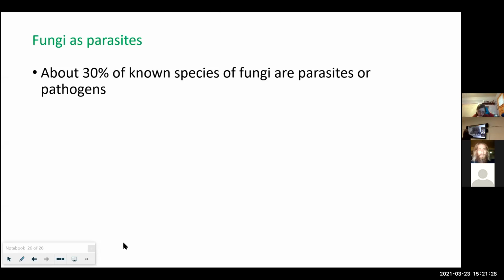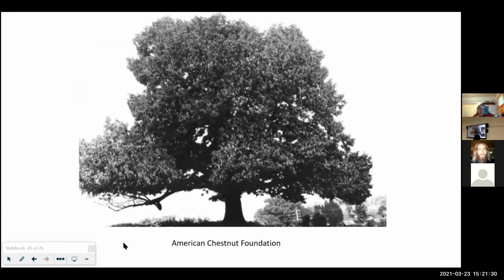One, that's of enormous significance historically to ecosystems in the eastern US, was accidentally introduced from Asia in the early 1900s, and it has wiped out nearly all American chestnut trees.